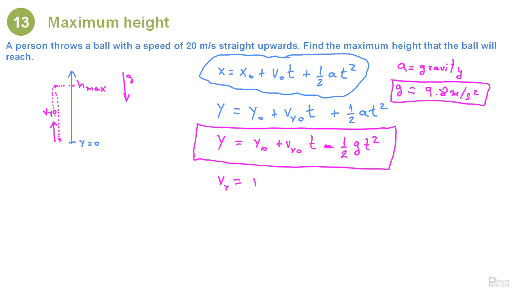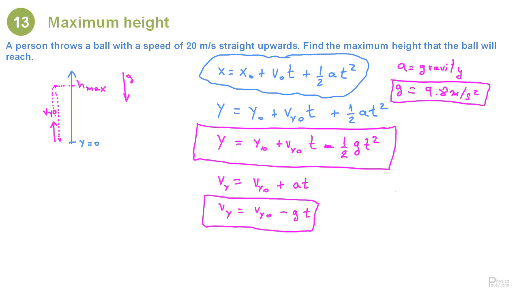It will be the initial velocity plus the acceleration times time. In other words, Vy is Vy0 minus g times t. So this is our second formula that we can use. The only thing that I have done is I replace a by minus g.